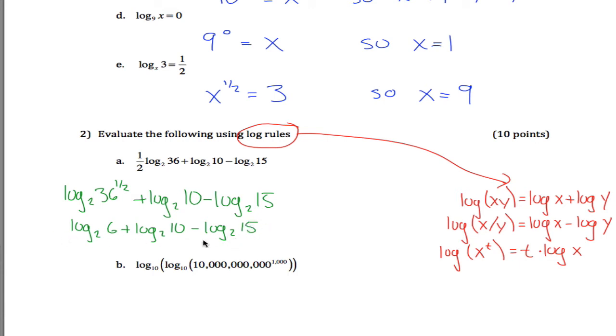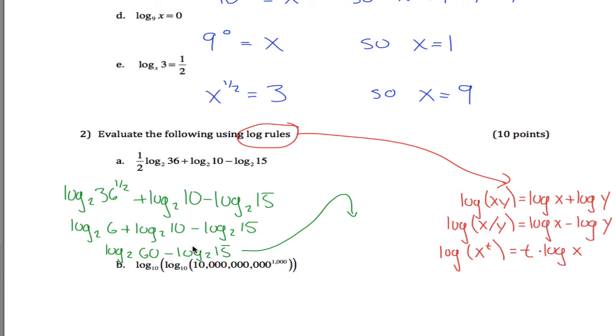We can't evaluate any of these logs the way they're written, but we can now apply our other 2 rules. This first one, we're adding up 2 logs, so that's equal to the log of that product. 6 times 10 is 60. Kind of running out of room here, so let's jump over to here. And now I can use this other log rule.